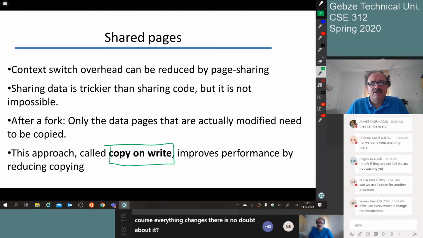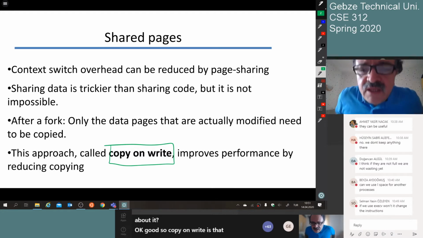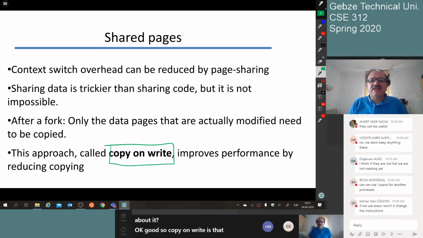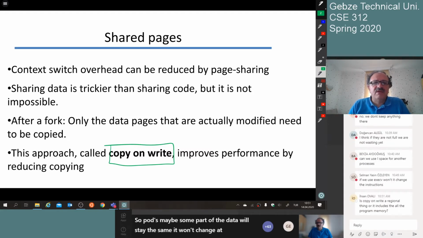Good. So copy on write is a technique that is used. We don't know if I'm going to modify the data, so let's first start sharing the data pages. As soon as I modify one, the operating system will automatically make copies of the modified pages, so I have both. Maybe some part of the data will stay the same and won't change at all, so I will keep using the same memory.